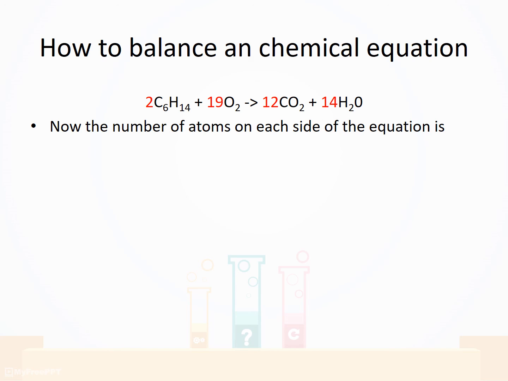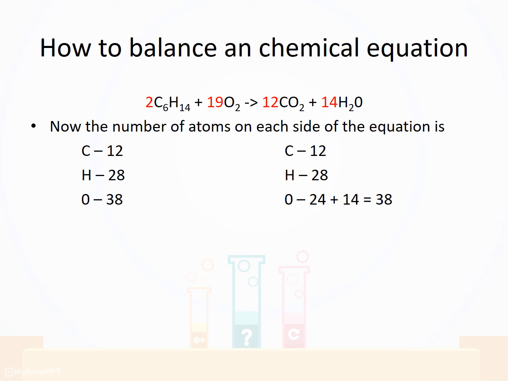Let's look at our numbers of atoms. Carbon are now 12 on each side. 2 times 6 is 12 on the left, 12 carbon on the right. So that's good. Hydrogens, 2 times 14 on the left gives us 28. 14 by 2 on the right gives us 28, which is great.